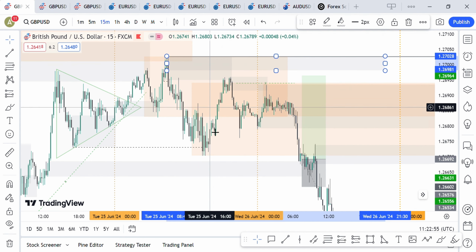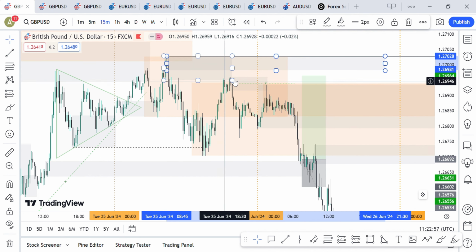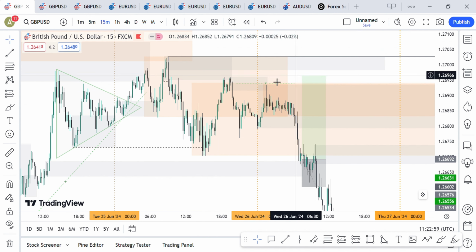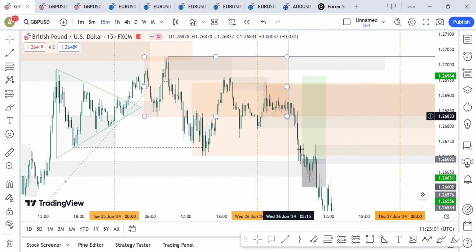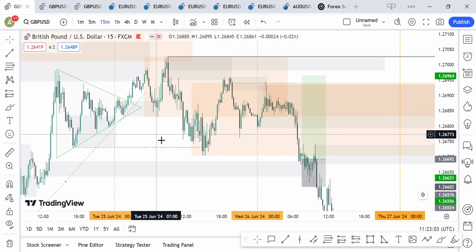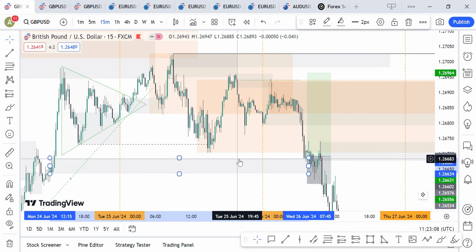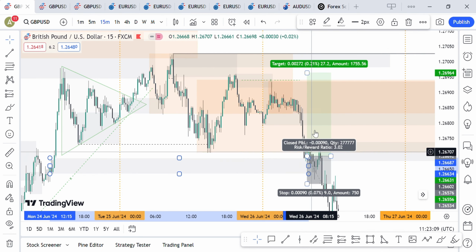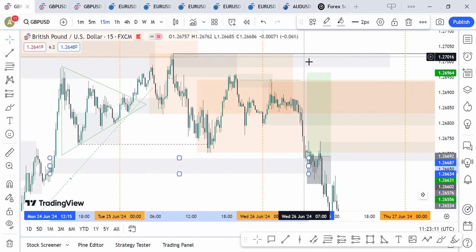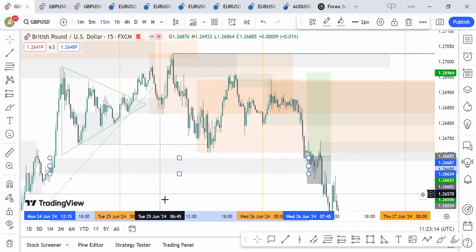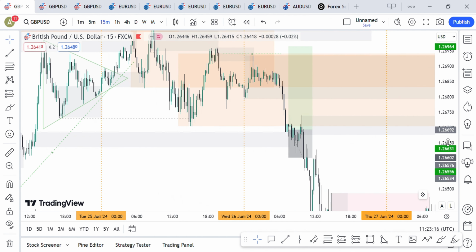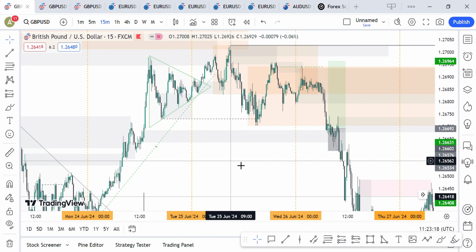After this change of character, price went up to mitigate, but didn't actually touch this extreme again. It came down. While that was happening, I felt that this demand I left down here, price would come and shoot up to mitigate. But as you can see, that was another loss that I took.